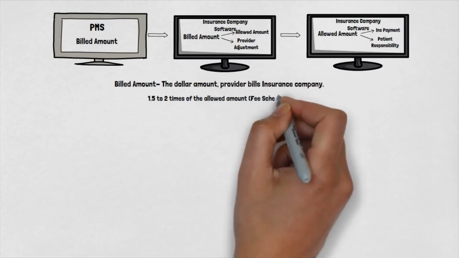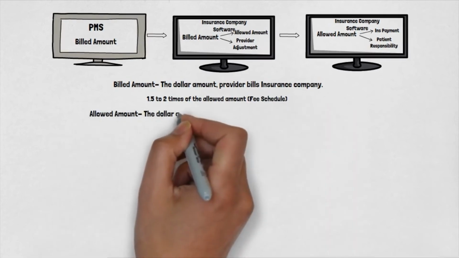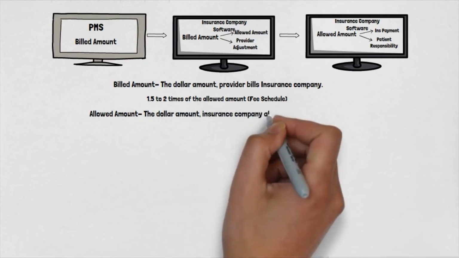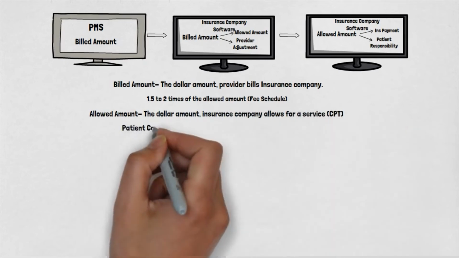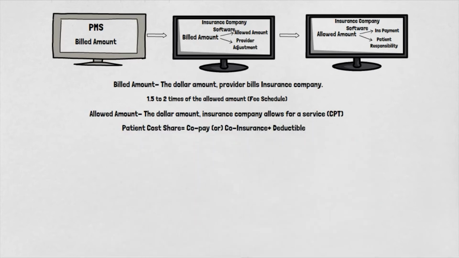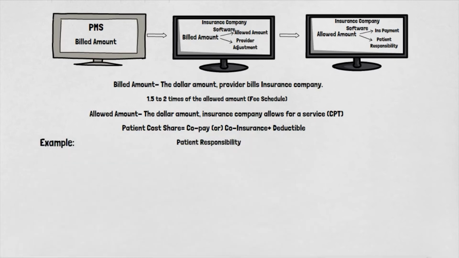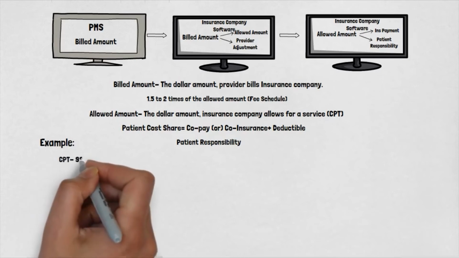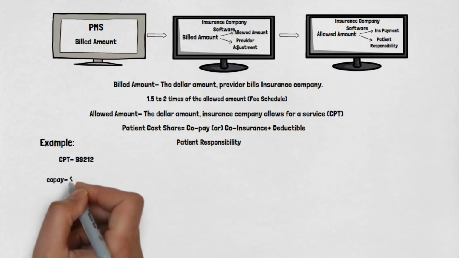So, billed amount is the dollar amount the provider bills to the insurance company, which is 1.5 times to 2 times the allowed amount as per the fee schedule. Allowed amount is the dollar amount the insurance company allows for a specific CPT code. Patient cost share is either copay plus deductible or co-insurance plus deductible.